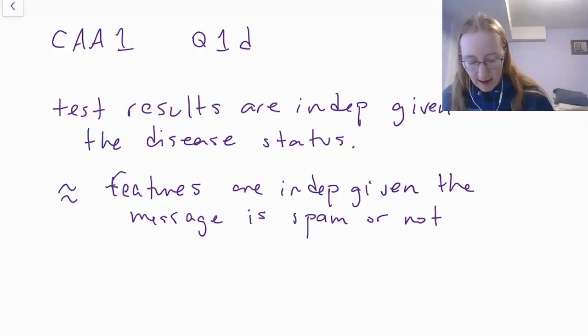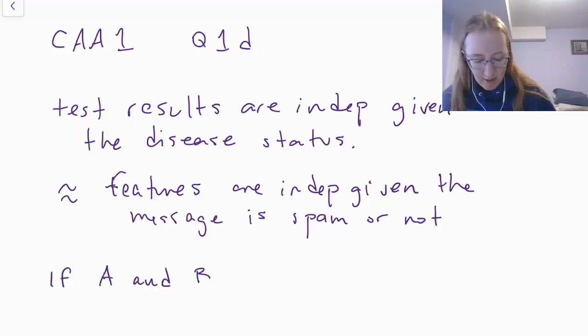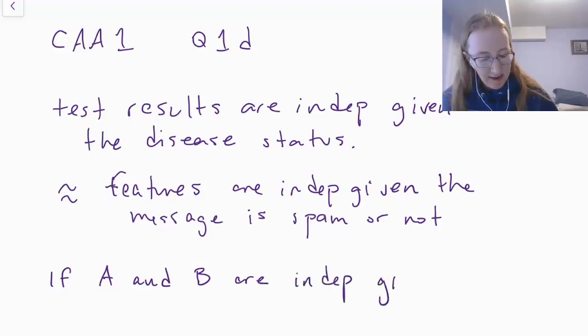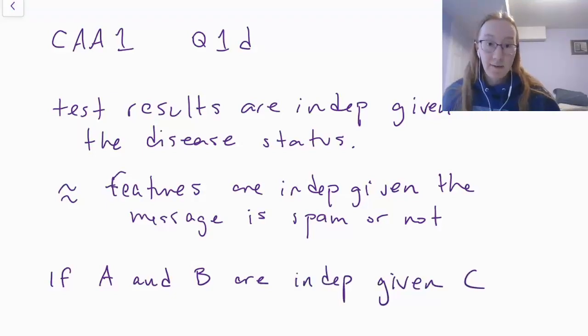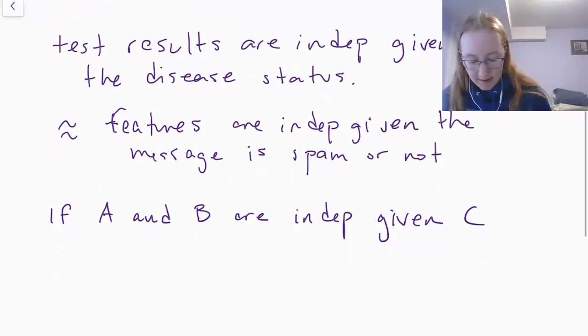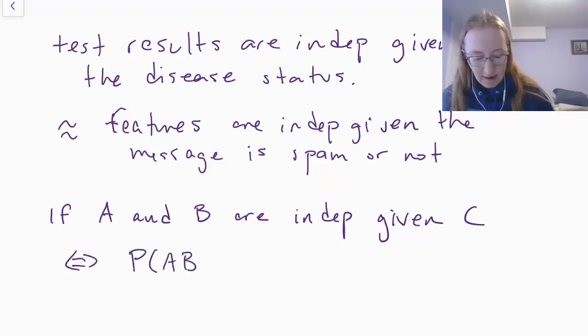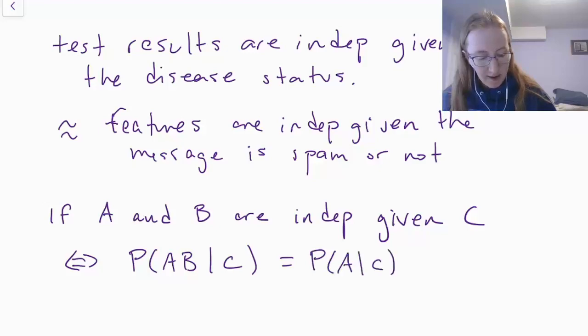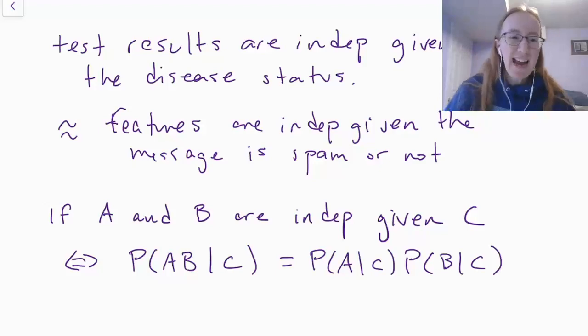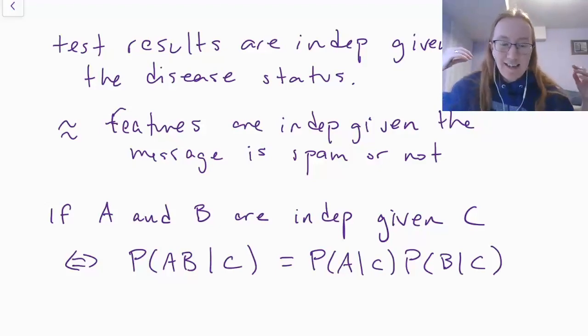And if we say A and B are independent given C, which is exactly what we're saying here, that implies, in both directions, that P of AB given C is equal to P of A given C times P of B given C. This isn't defined anywhere in the course notes because it's not a new definition.